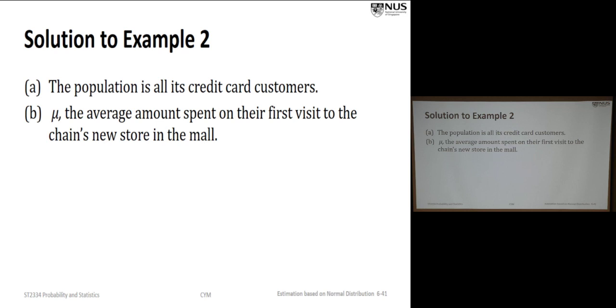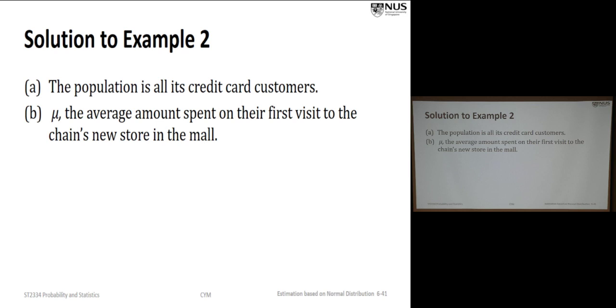So what we're interested in is how much this individual spends on the first visit to the mall. It's a bit confusing, huh? A population is individuals, all these customers with credit cards. But in fact, what we're interested in is a certain characteristic of these individuals: how much they spend in the first visit using the credit card.